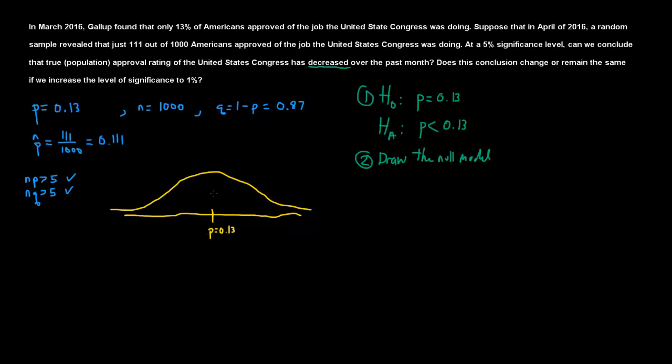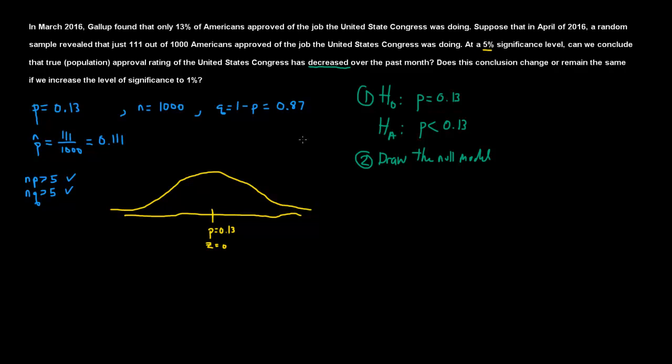Okay, now I'll just put that there, equals 0. We want to figure out what our critical values are. Now, our critical values are related to our significance level. Here we have a 5% significance level.